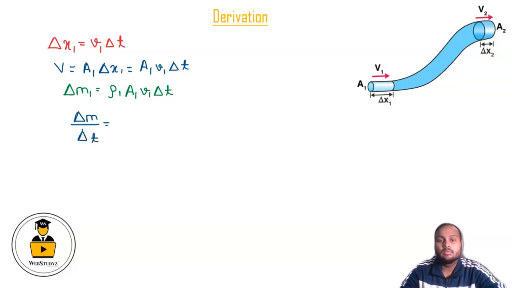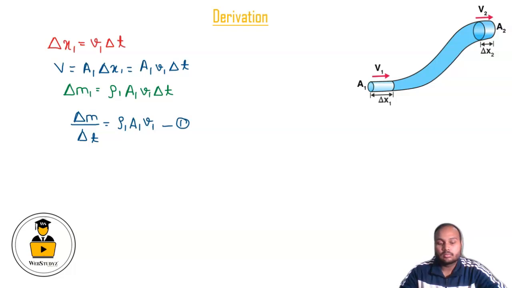Basically t we have shifted to the left-hand side of the equation. So this will be equal to rho 1 into A1 into velocity v1. We can name this as equation 1. This is our equation 1.